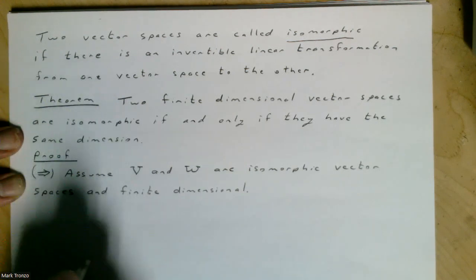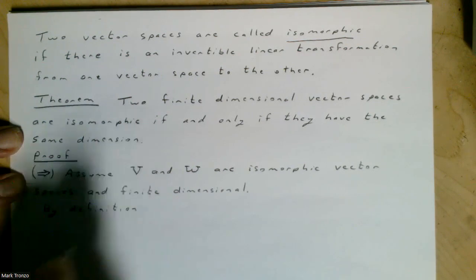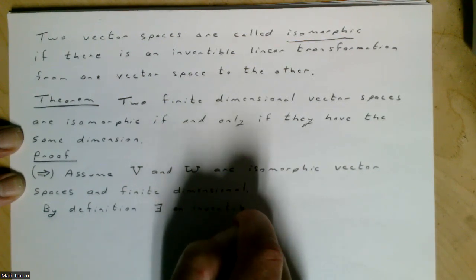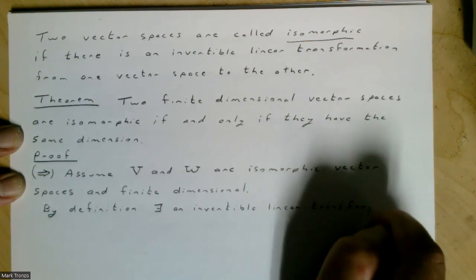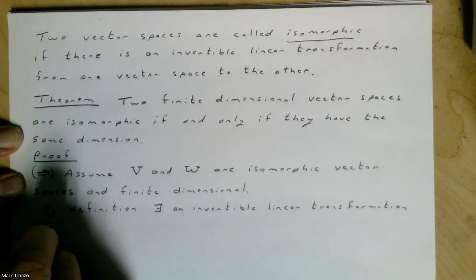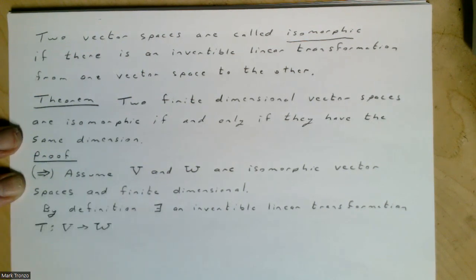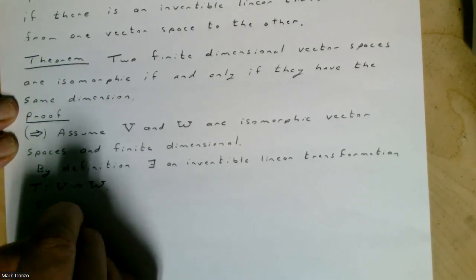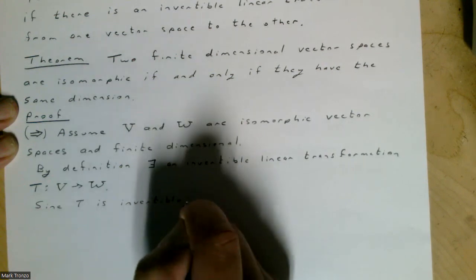So by definition of isomorphic, there exists an invertible linear transformation T, say from V to W. So now, since T is invertible, T is one-to-one.